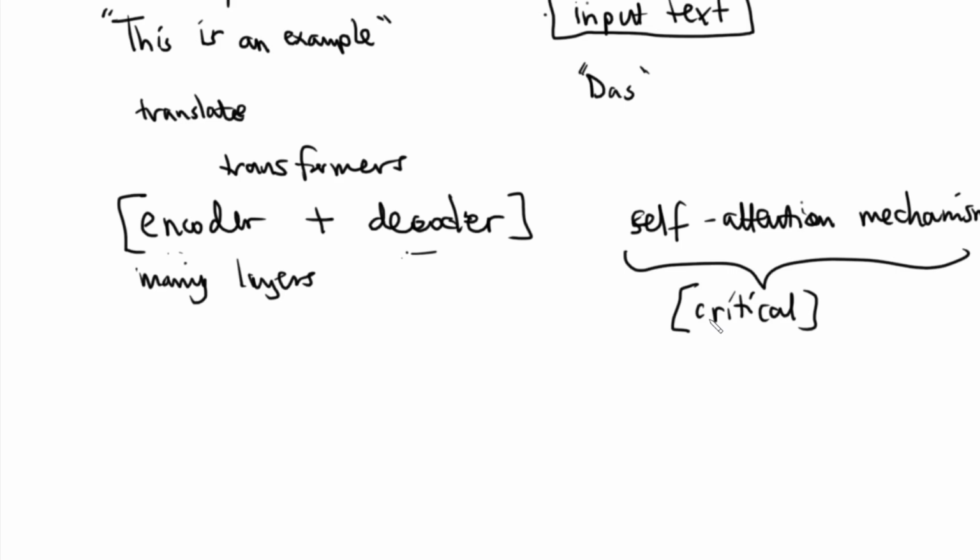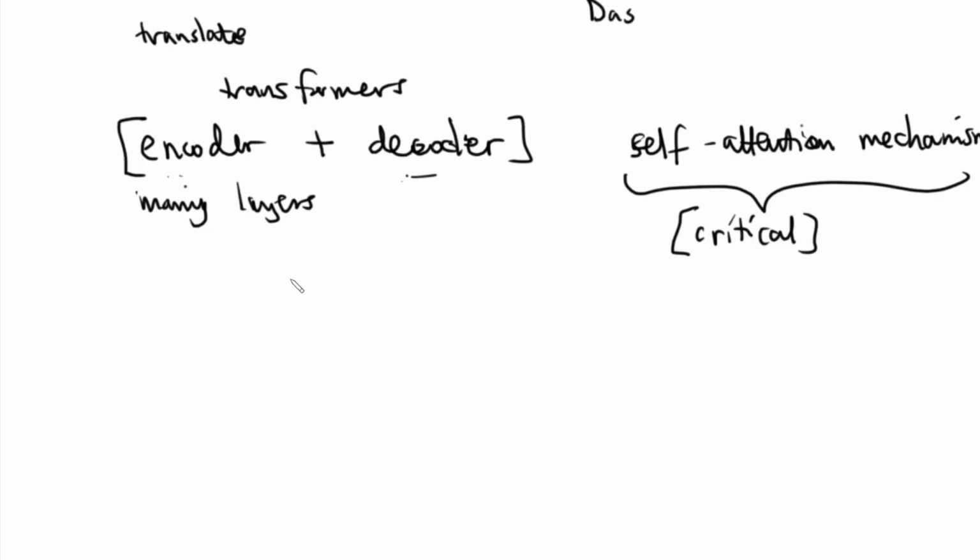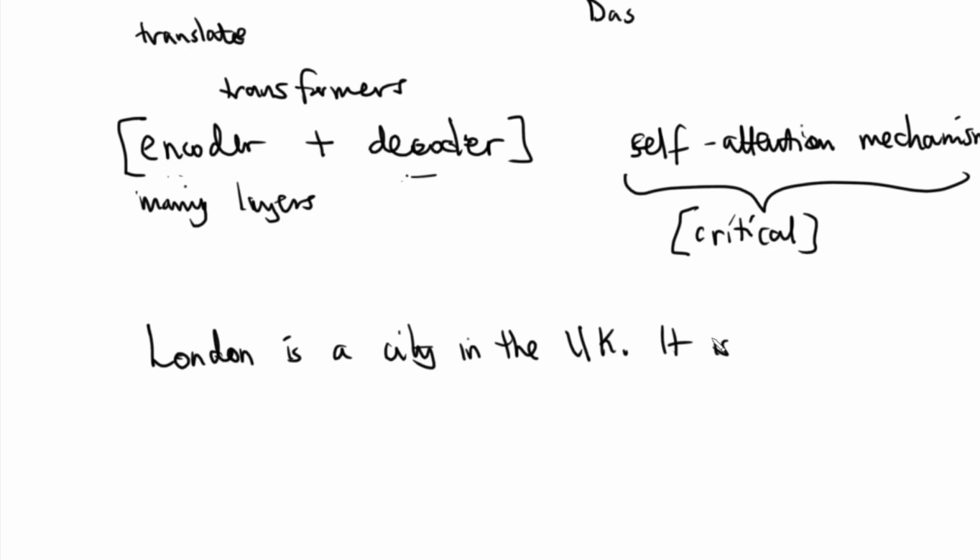It allows the large language model to weigh the importance of different words or tokens in a sequence. Like I mentioned in one of the earlier videos, we could have something like this: London is a city in the UK. It is very, and we want to predict the next word.